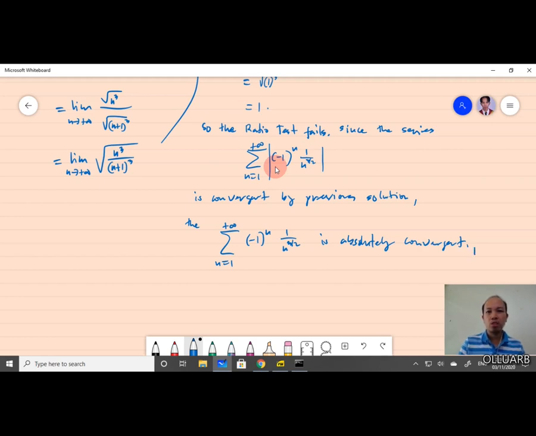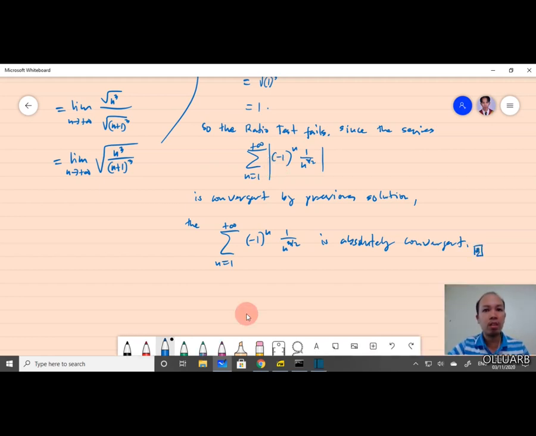So what are the things that we learned from this example? As you can see, the limit of the absolute value of a sub n plus 1 over a sub n as n approaches infinity is equal to 1, meaning the ratio test fails.